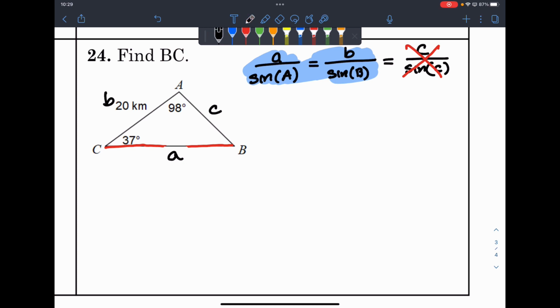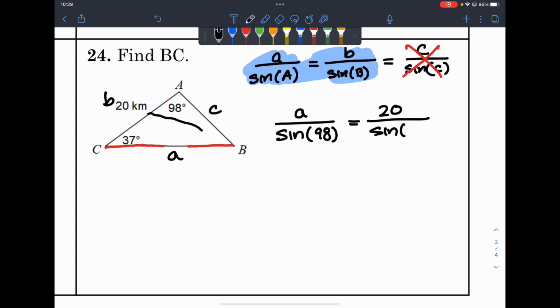So A, which we do not know, divided by the sine of 98, is going to equal side B, which is 20 kilometers, divided by the sine of this angle here. Well, it's not labeled, but I know what it equals because the inside angles of a triangle have to add up to 180 degrees.